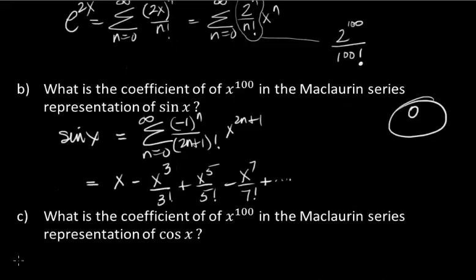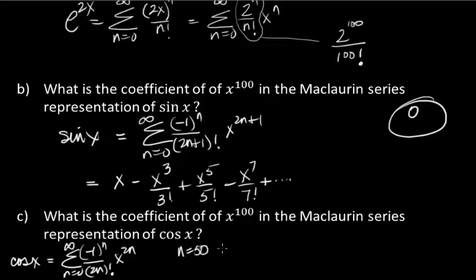Now for cosine x, I would write the series cosine x is equal to the sum from n equals 0 to infinity of minus 1 to the n over 2n in parentheses factorial, x to the 2n. Well, this time all of the odd powers of x have coefficients of 0, and we see that when n is equal to 50, we have x to the 100th power.